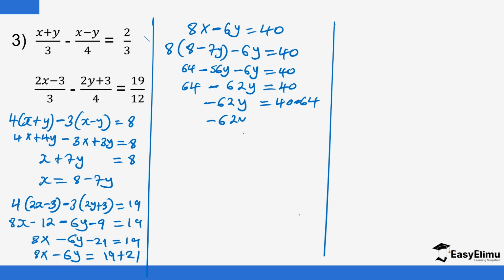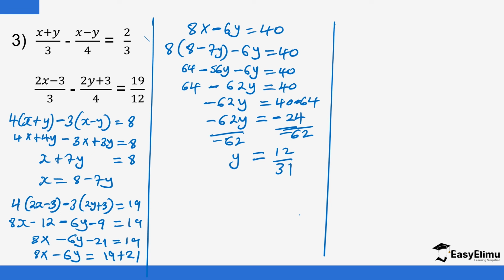So minus 62y is equals to minus 24. So you divide both sides by negative 62. So y is equals to, you divide the upper one by 2, because now the negative cancels out, so the upper one will be 12, this one will be 31.